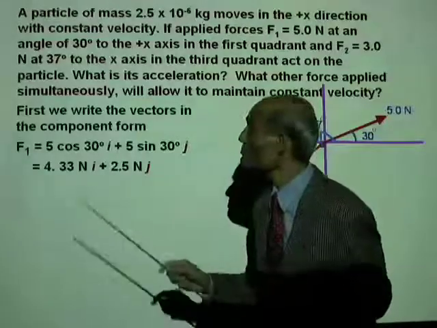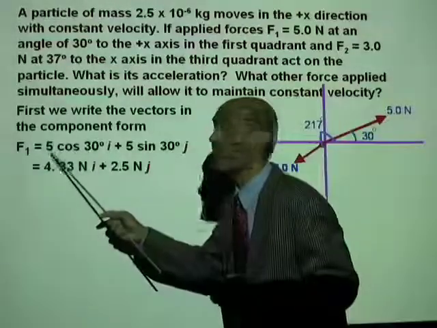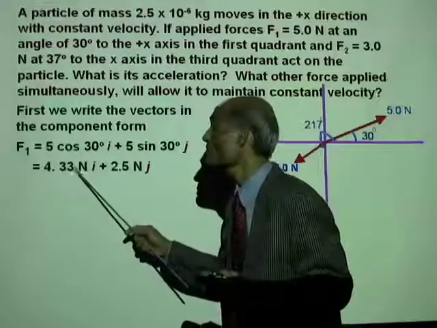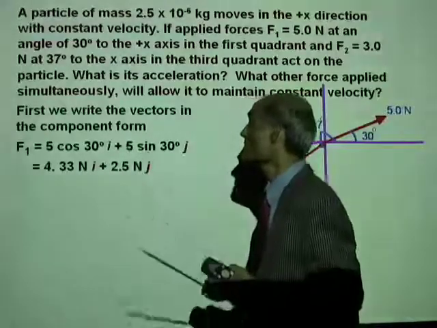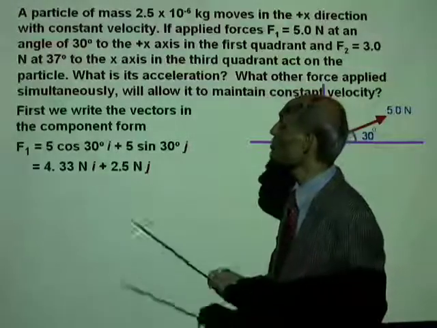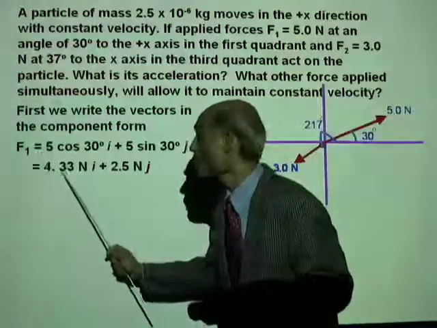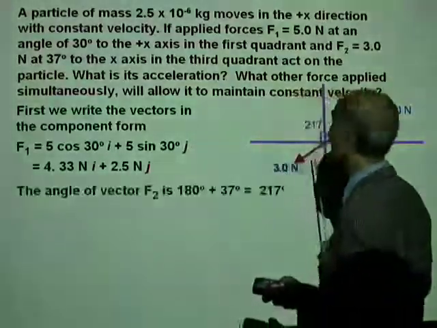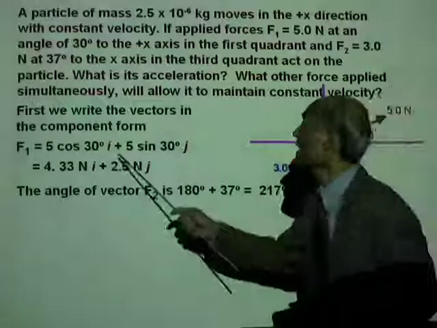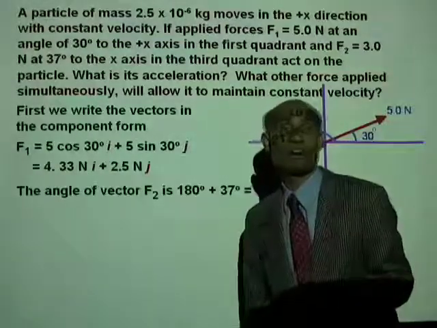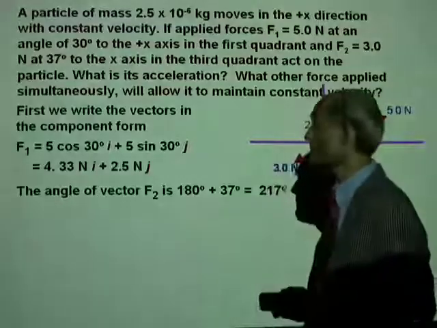Keep your calculator ready and obtain these values. 5 cos 30 degrees is 4.33 Newton and 5 sine 30 degrees is 2.5 Newton. Therefore F1 is 4.33 Newton I plus 2.5 Newton J.